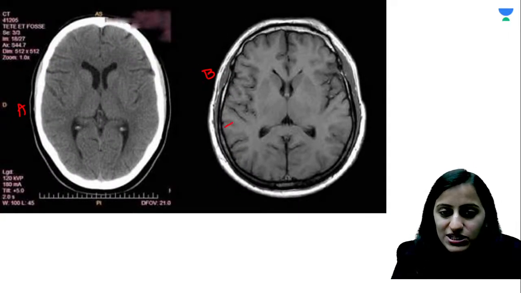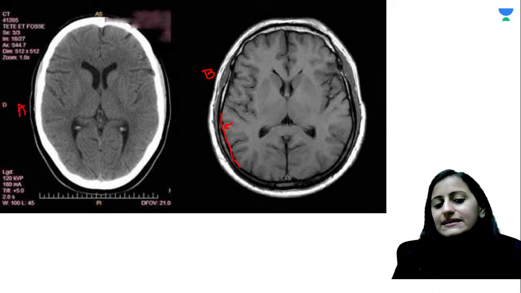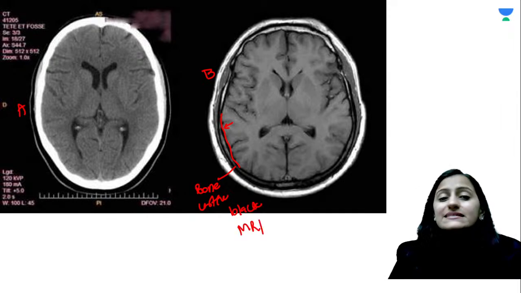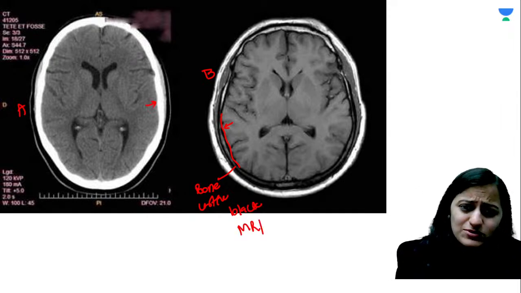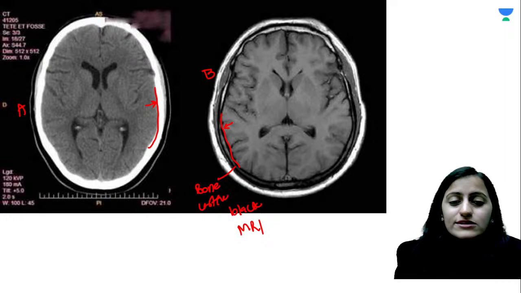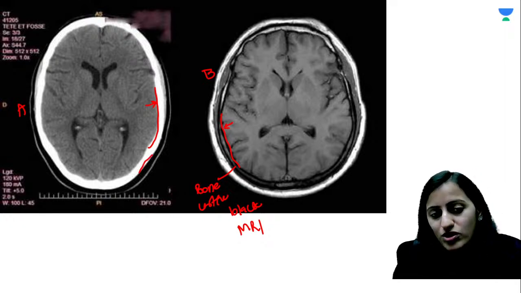So always look just outside the brain parenchyma. If there is this black line, that is the bone cortex which is black, and that is why it is MRI. Just outside the brain parenchyma, if you see the white line and you don't see the black line, it's a CT scan. Also appreciate that outside the bone you can see this black outline.